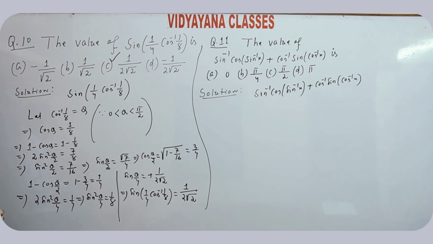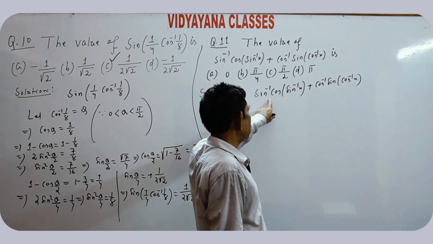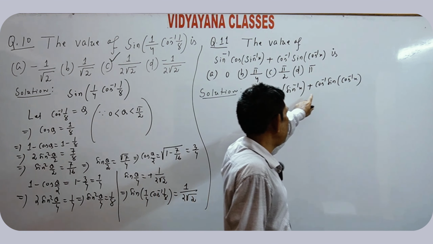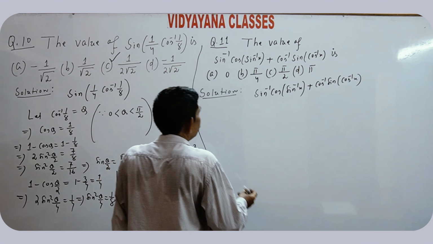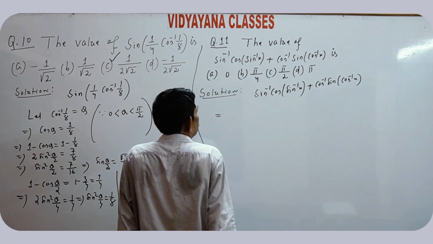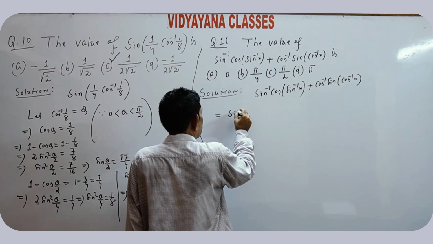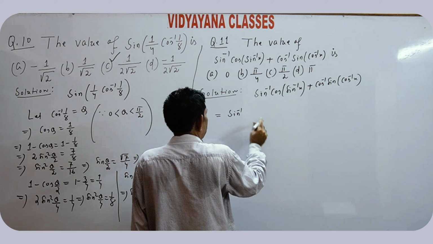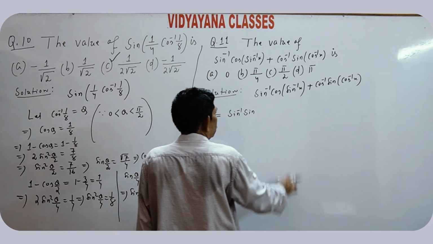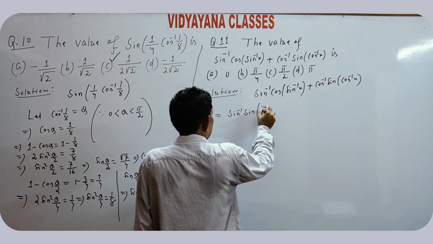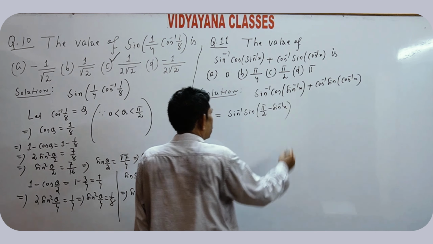Clear? Okay. Next, the value of sin inverse cos sin inverse x plus cos inverse sin cos inverse x is equal to dash. Sin inverse cos theta can be written as sin inverse sin of 90 minus theta, where theta means sin inverse x.